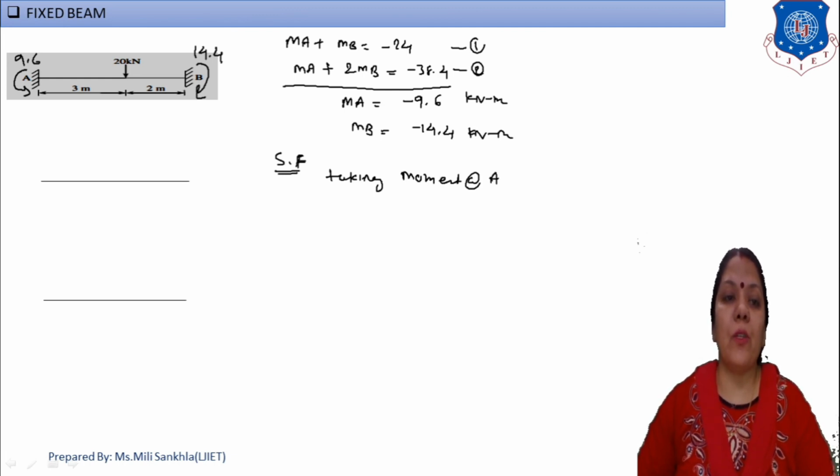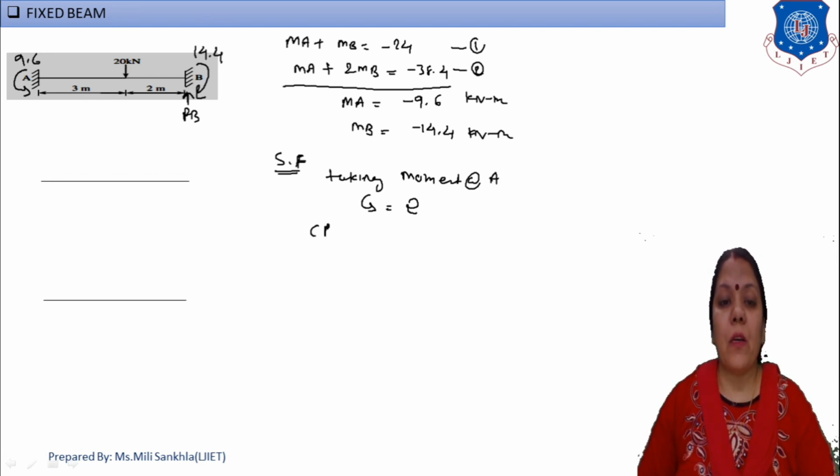Suppose I assume that my support reaction RB is in the up direction. Anti-clockwise moment is equal to clockwise moment. RB into the distance, which is 5 meter: RB into 5, and my anti-clockwise moments are 9.6 plus 9.6. Okay.